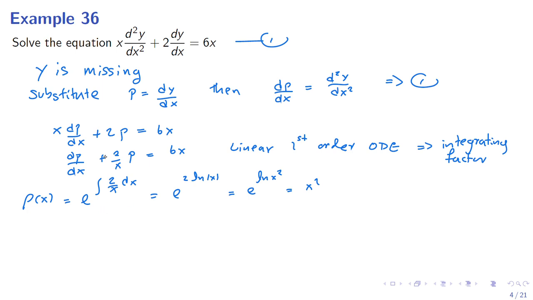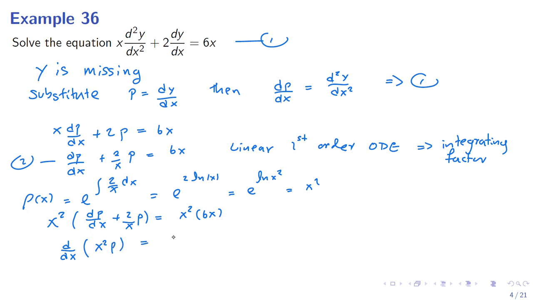Now, if we multiply equation 2 by the integrating factor, we'll get x squared times dp on dx plus 2 on x p equals x squared times 6. On the left hand side, we can write it as the derivative with respect to x of our integrating factor x squared times p, and on the right hand side we have 6x cubed, and then we can integrate both sides with respect to x.